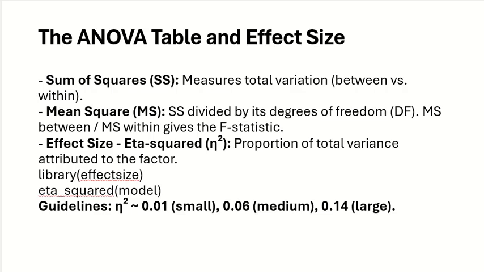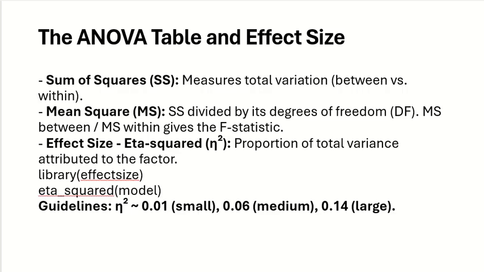In ANOVA we calculate total variance, and then we divide by the degrees of freedom in the data. This eta square will give you the proportion of variance which is caused by a specific group, and then there are some limits given.